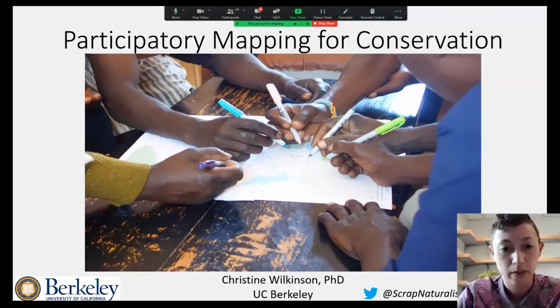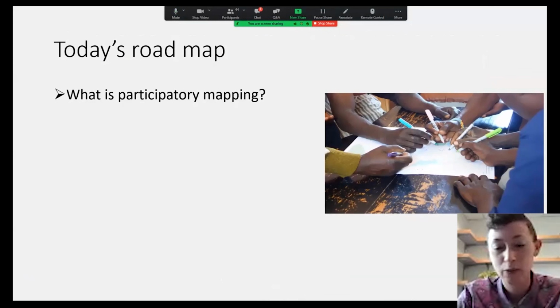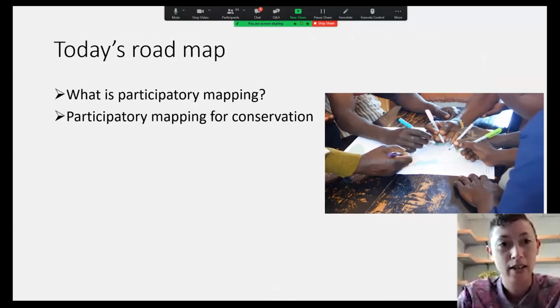So, all right, today's roadmap: I'm going to talk a little bit about what is participatory mapping. Some of you may have experience with that. I saw some folks that I know in the attendees list that are definitely experienced in participatory mapping, but some of you might be new to it. Then we'll talk about using it specifically for conservation.